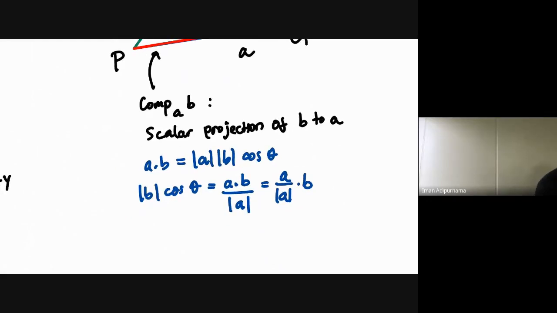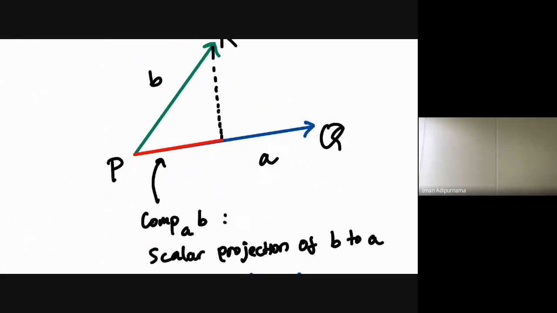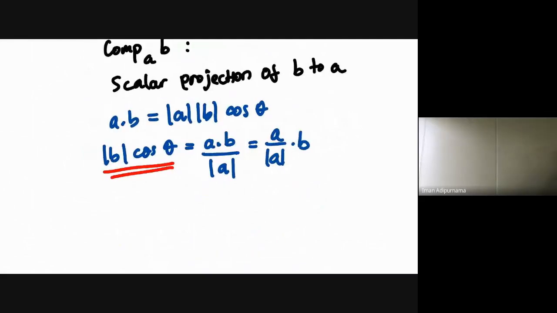So this B cosine theta, if we also look at the triangle here, of course, this is the cosine, right? If theta is here, this will be the B cosine theta, right? And in terms of the scalar, then that is just B cosine theta, and this becomes our component or scalar projection, okay?